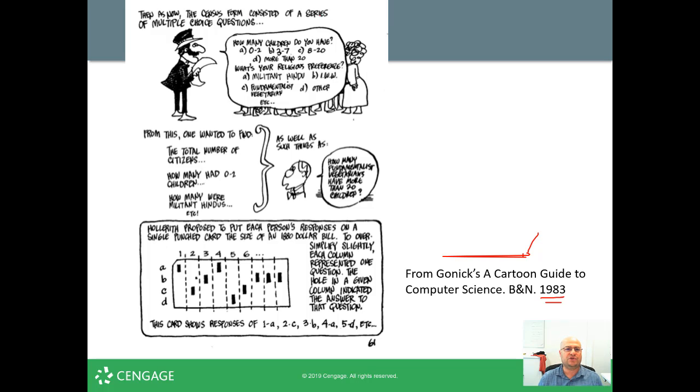So as you know, the census still today consists of asking a series of multiple choice questions, such as how many children do you have, what's your religious preference, and so on and so forth.